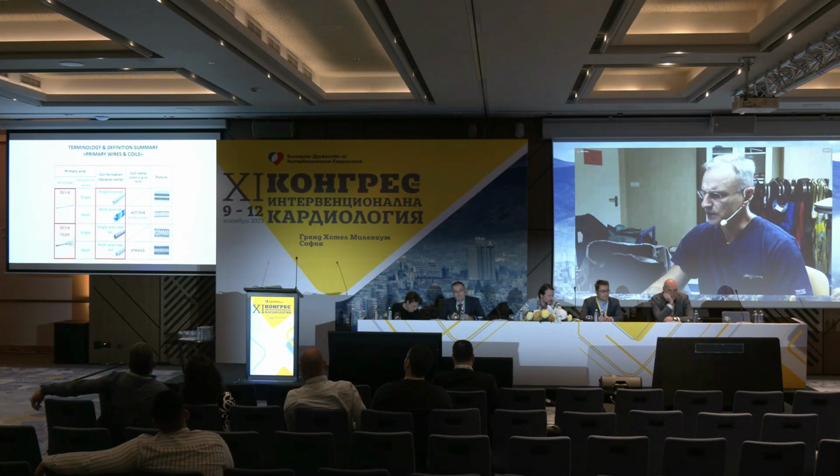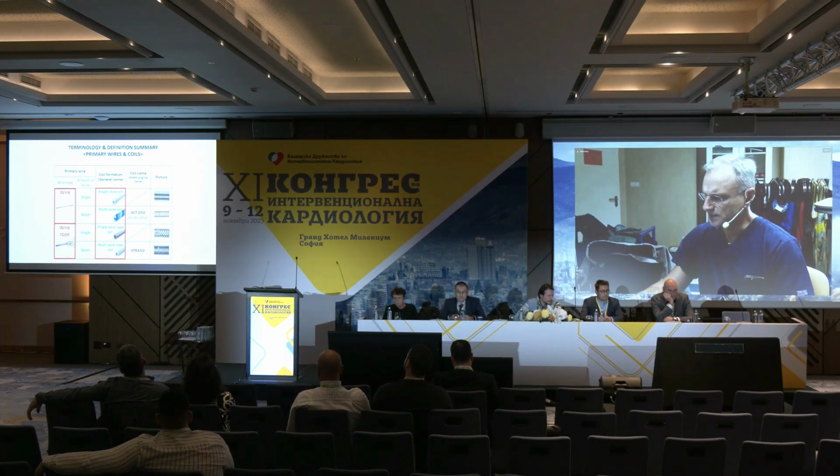And these add more characteristics to the ones that were used from the composite core. And this is called X-strand wire with a multi-wire rope coil. So the wires in CTO PCI have dramatically evolved, and this reflects, I'm not sure if it's available in Europe, the Gaia X family.